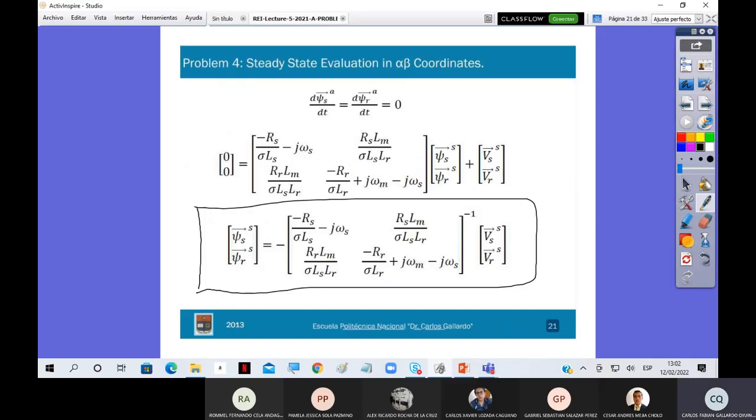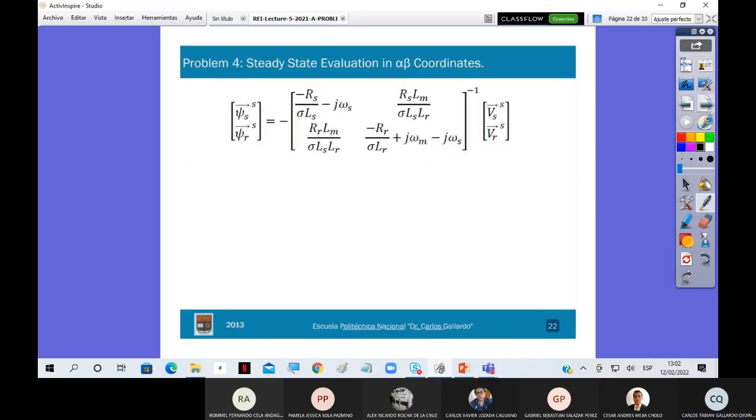Okay, so substituting these values, I will get, this is the stator flux space vector, and this is the rotor flux space vector.